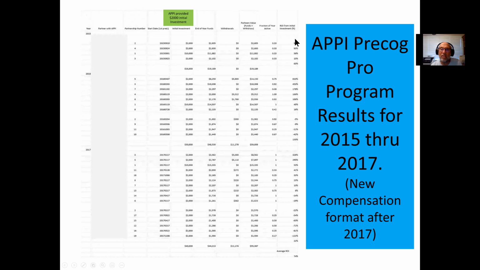Now, the return on investments are listed from the highest to the lowest. You can see we had 91%, 90%, 56%. Here, we had 810%, 453%, 178%, 166%. The lowest was a minus 42%.